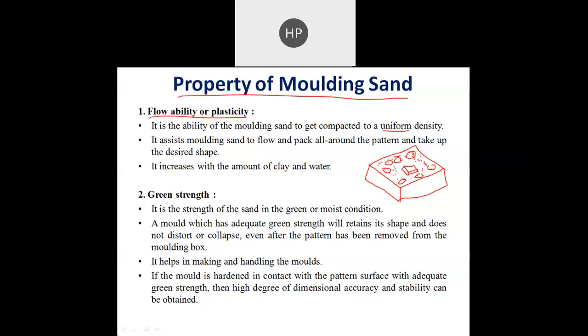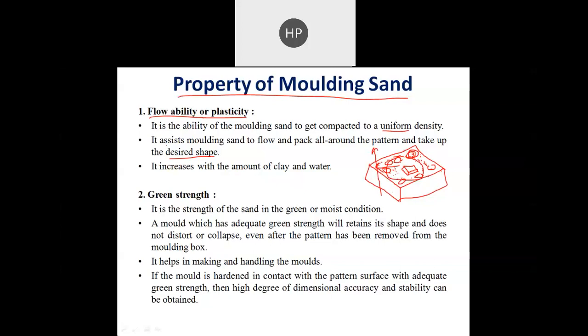It assists molding sand to flow and pack all around the pattern and take up the desired shape. If the sand does not have a proper amount of flowability, then some portion will pack very well with the sand, and some portion will not, and if you try to lift this mold, there may be a chance that your packed sand may be destroyed.